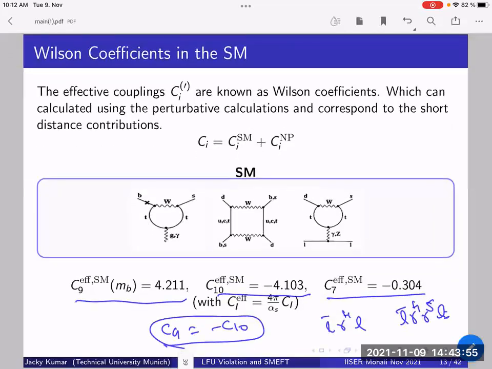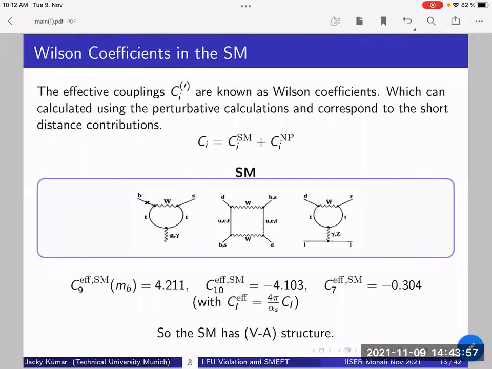Okay, so the standard model has a V minus A structure. Due to this V minus A structure, in the last slide you have constructed some operators.